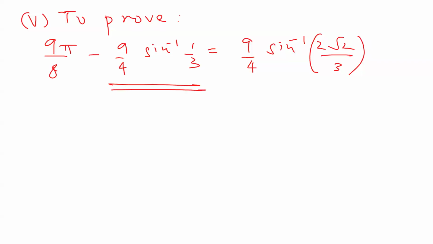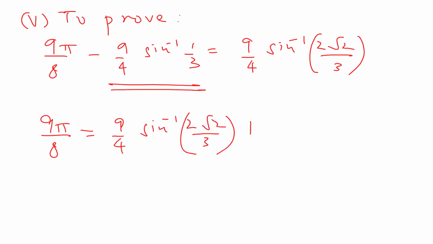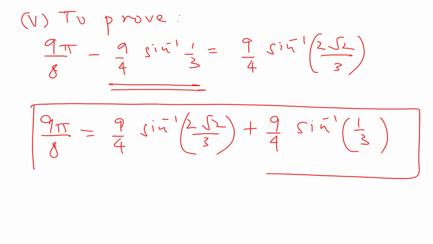So I'll take this term on the left hand side: 9 pi by 8 is equal to 9 by 4 sine inverse 2 root 2 by 3 plus 9 by 4 sine inverse 1 by 3. Okay, so this is the new problem statement. We'll prove this. Okay, so this is the RHS.